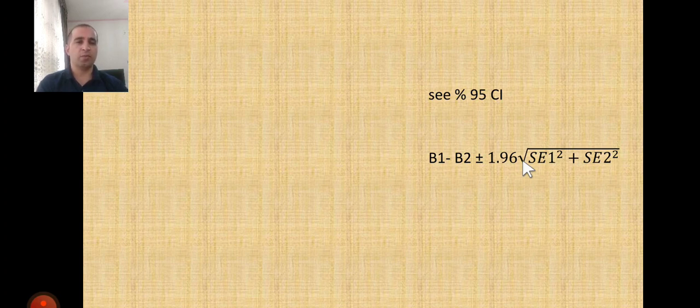If the confidence interval doesn't include zero, that means the difference between the coefficients is statistically significant, and that's when we say there is an interaction effect between gender and smoking.